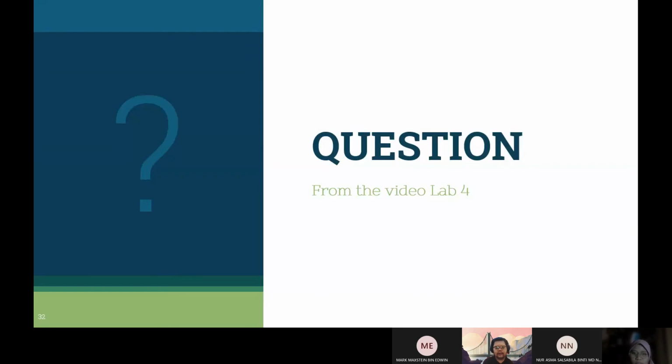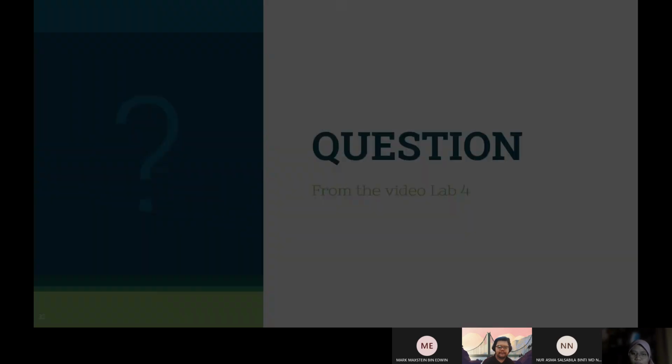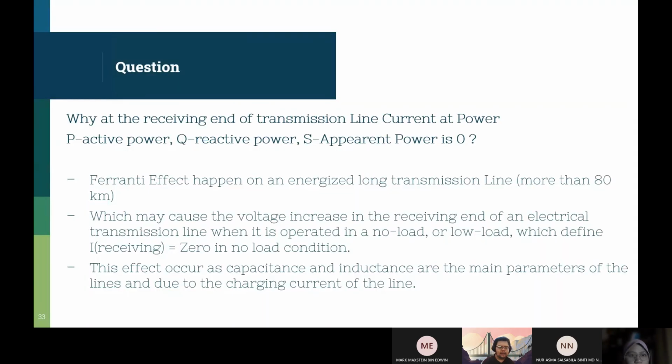So for the question from video lab 4, my lecturer asked why at the receiving end of the transmission line the current and power are 0. From the video, we can see active power, reactive power, and apparent power are equal to 0. This is caused by the Ferranti effect on an energized long transmission line, which we consider to be more than 80 km.